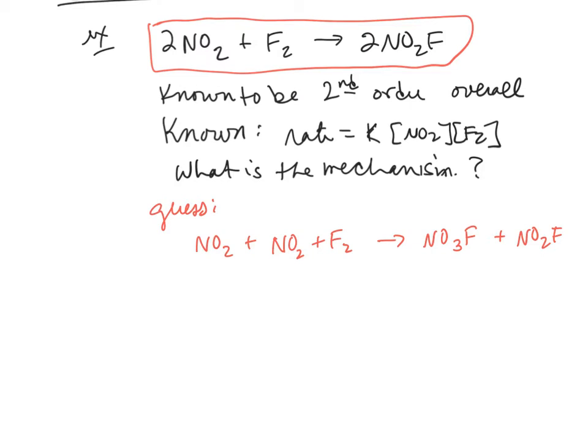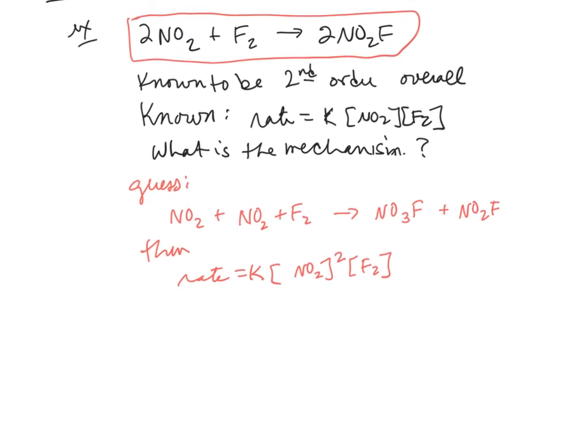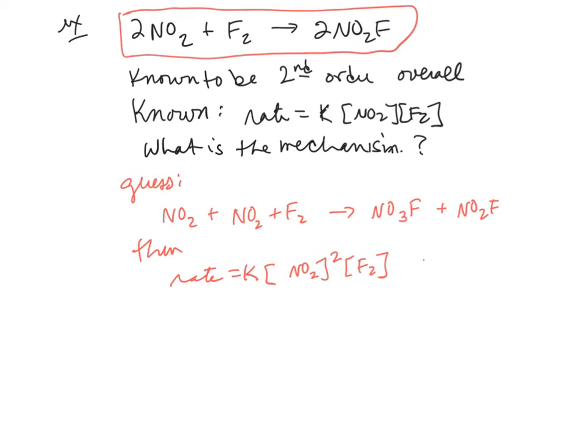So if that were the case, then the rate law for this elementary reaction, which happens to be the overall reaction, would be rate equals k times NO2 times NO2, which is NO2 squared, and then times F2. So, is it correct? The answer is no, because this is third order.